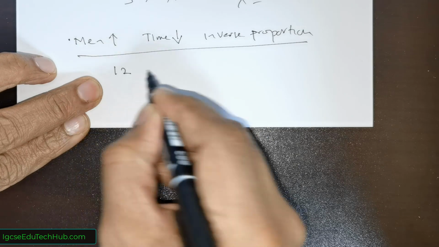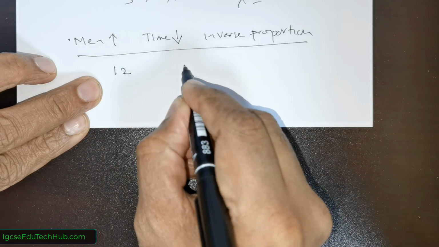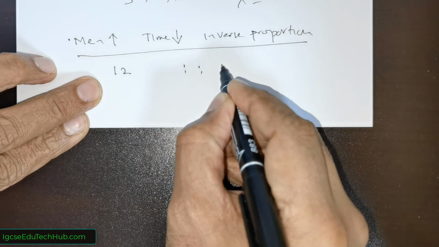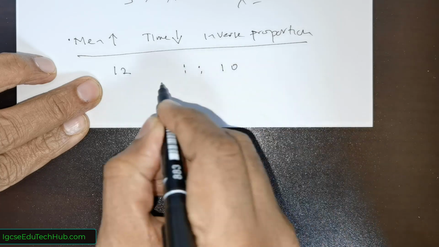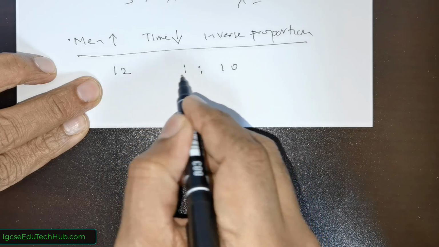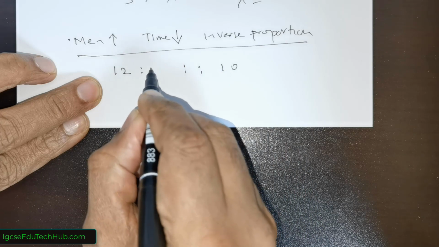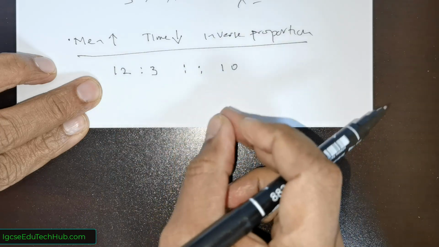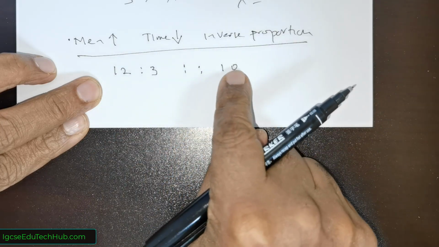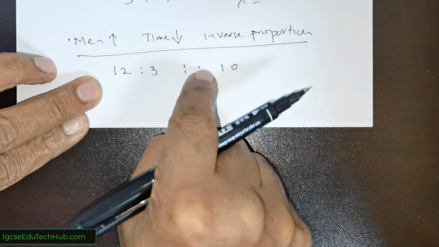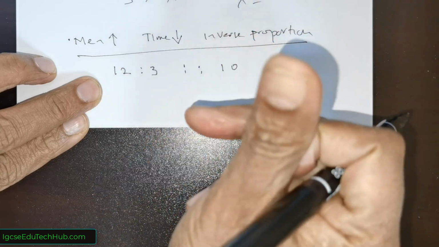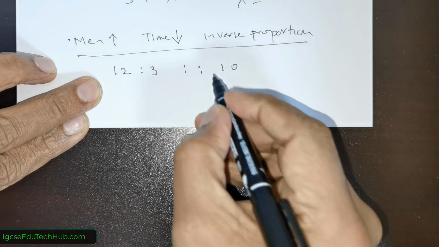So 12 men are able to complete the job in 10 days. But suddenly what happens is that the men are reduced. So instead of writing the proportion on the other side, we have to write it on this side. So it's actually getting reversed.